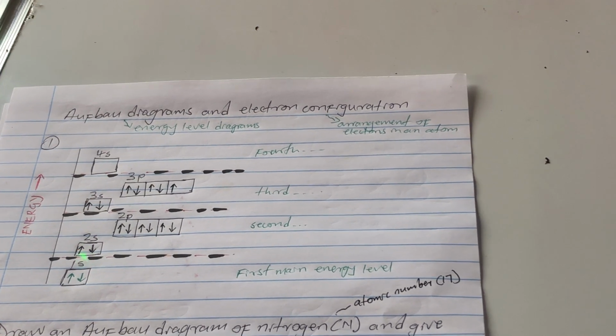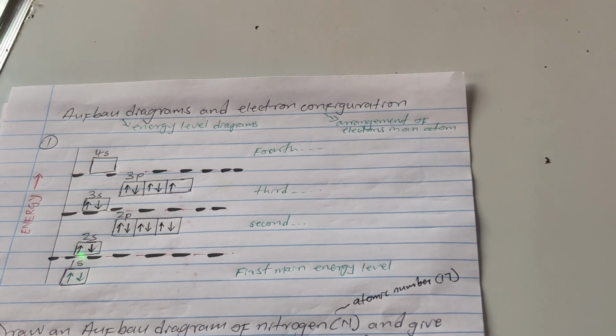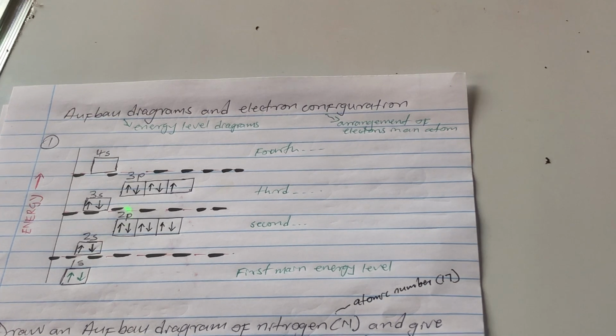I'm continuing then to the second energy level. 3 is pointing up, 4 is pointing down. Then I'm moving to 2p. Here, you don't fill each box at the same time.